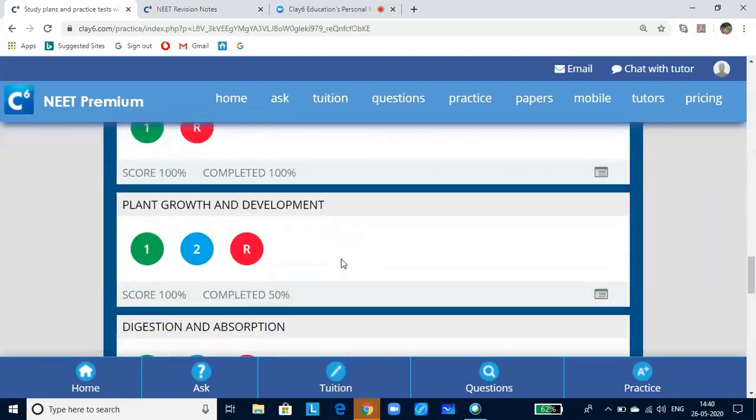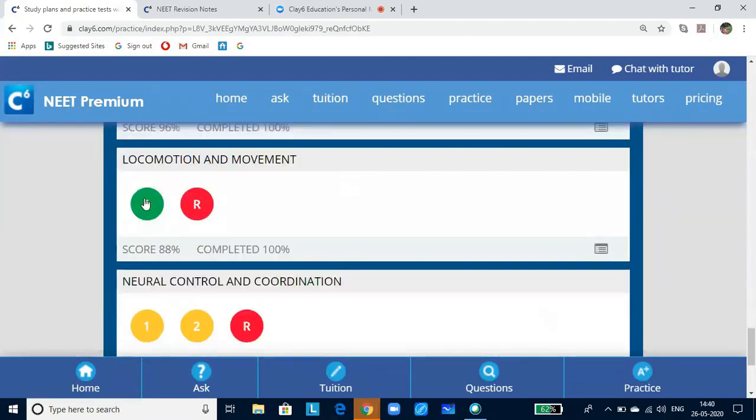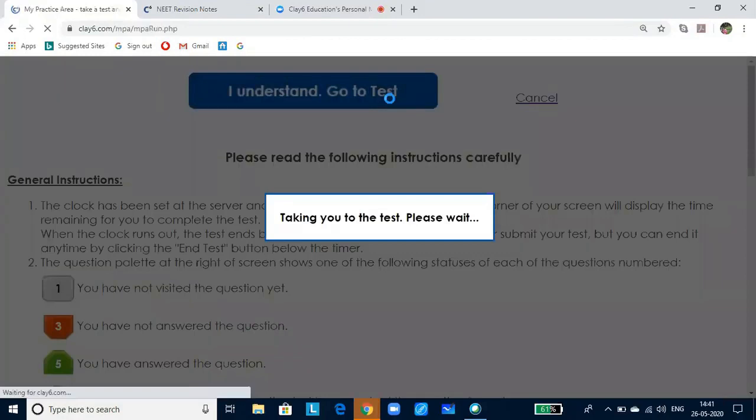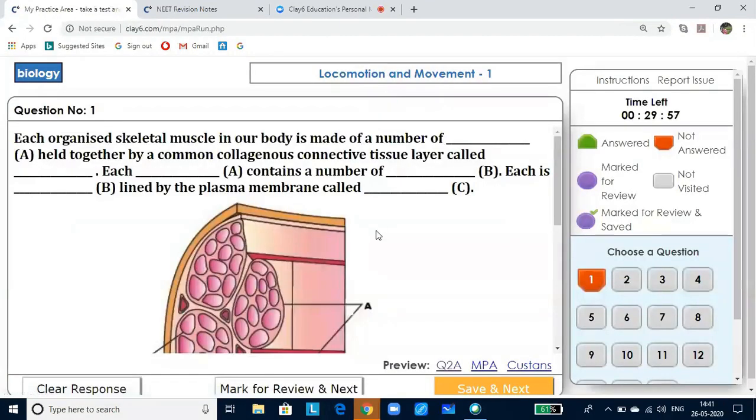So let us look into the lesson, that is locomotion and movement. Now, each organized skeletal muscle in our body is made up of a number of dash held together by a common collagenous connective tissue layer called dash.